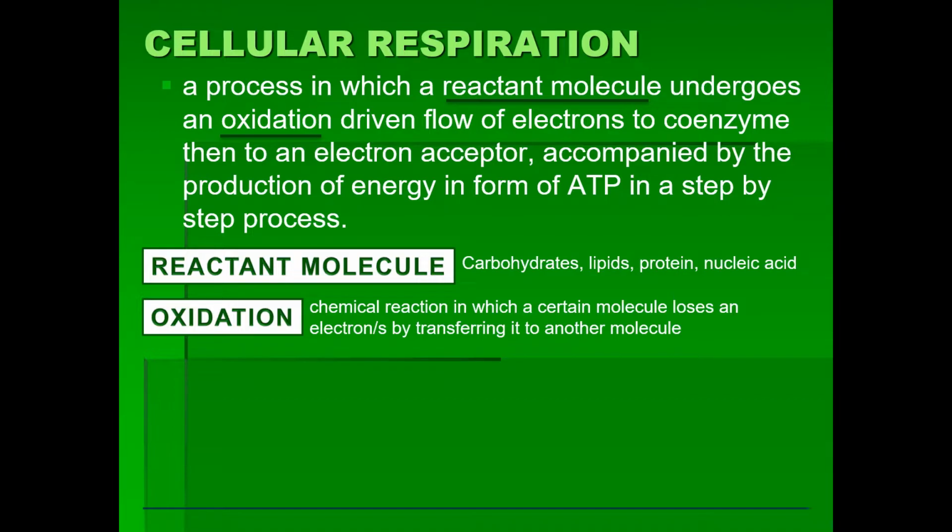So oxidation, class, is a chemical reaction in which a certain molecule loses an electron by transferring it to another molecule. Because as we will see later on, cellular respiration is technically a process in which the electron of our reactant molecule will be shuttled off.